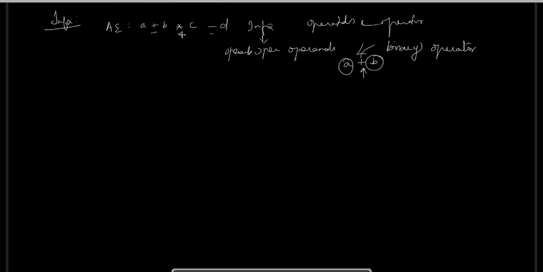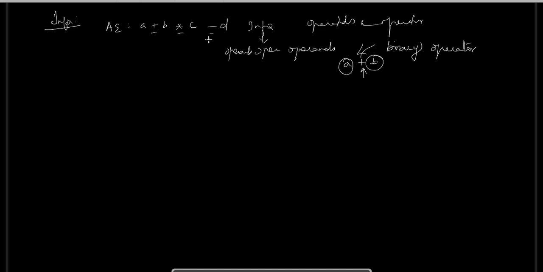Is this clear? All these things I think you would have already done. These are basic math, which I am repeating just to refresh you. So an infix expression is an expression which has operands and operators, wherein operators come in between the operands, right? Every operator has its own precedence or priority attached.